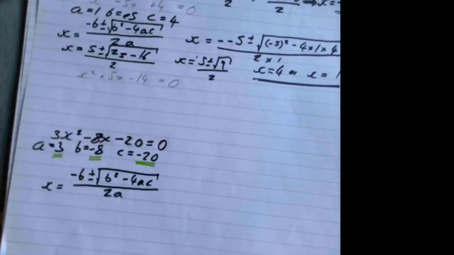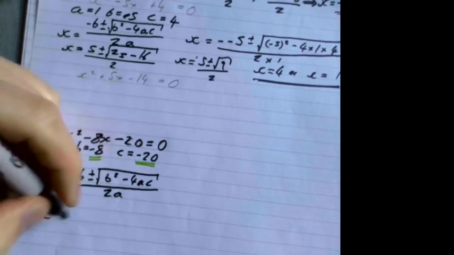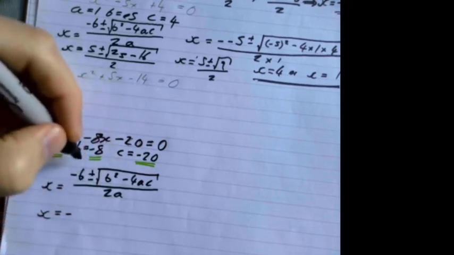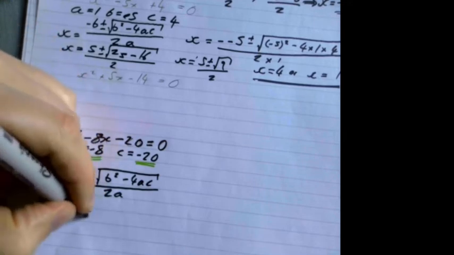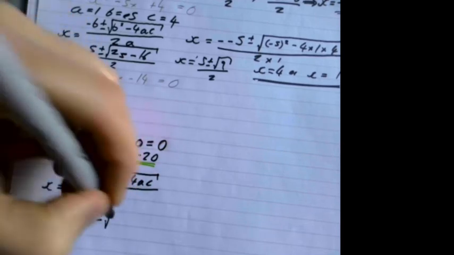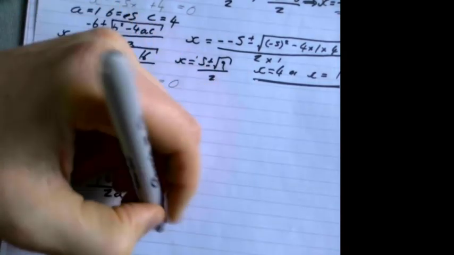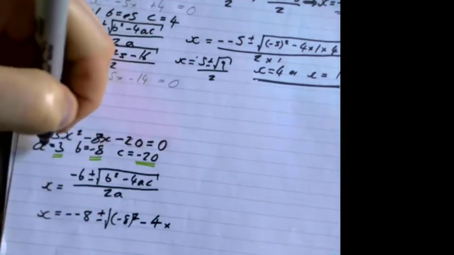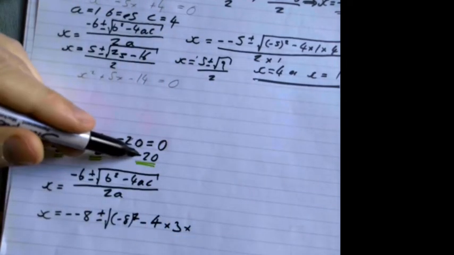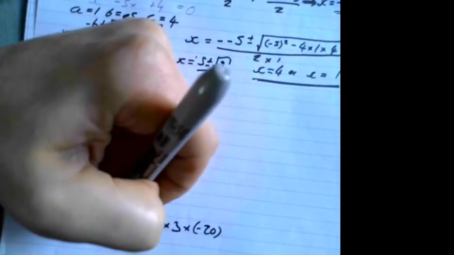So, I could say that x is equal to negative of negative b, so that's the negative of negative 8, that will become positive 8, plus or minus the square root of negative 8 squared, notice I put it in brackets, minus 4 times a, which is now 3, so a is not always going to be 1, times c, which I can see is negative 20, and I'm going to write that in brackets as well, just out of habit with negative numbers substitution.